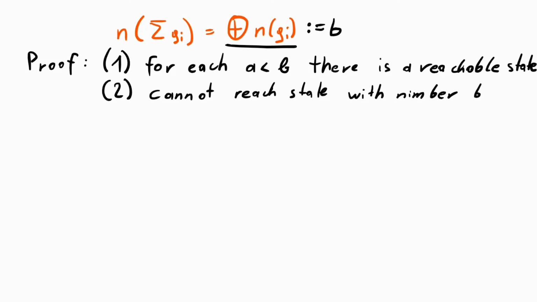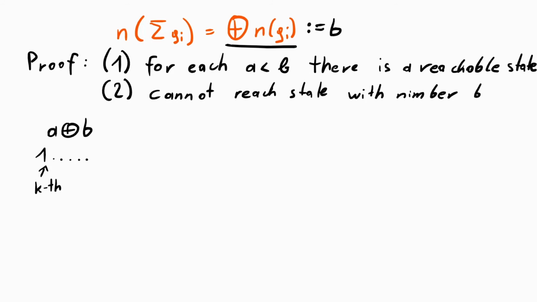So let's start with the first condition. We first look at the XOR of a and b. This is obviously a positive number, so if we write it in binary, the number will start with a 1. This resulting number has k digits, so the digit at the position k is a 1.